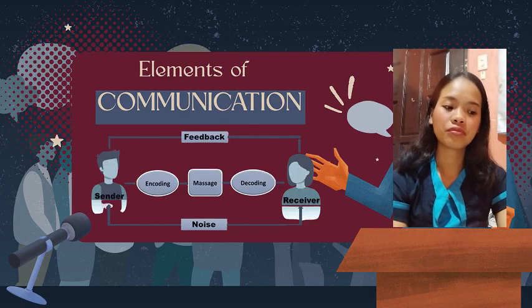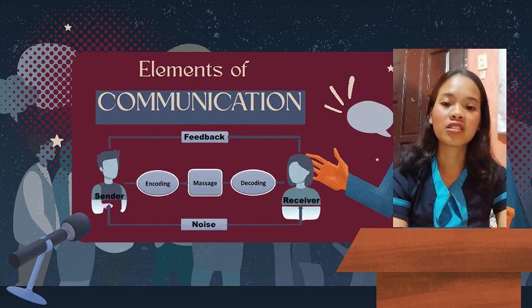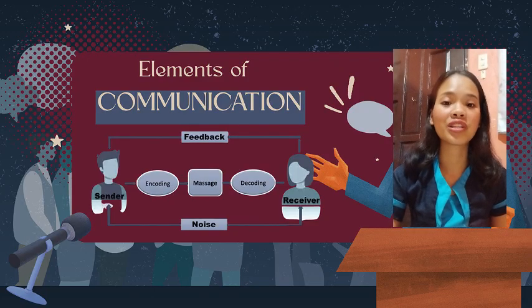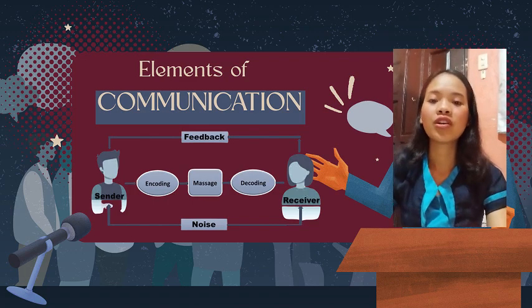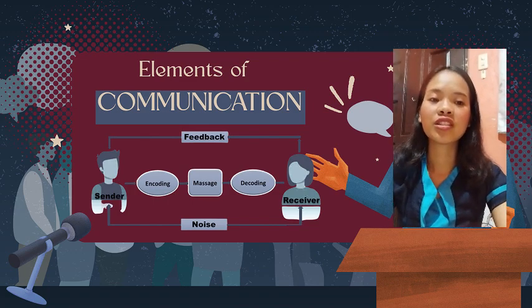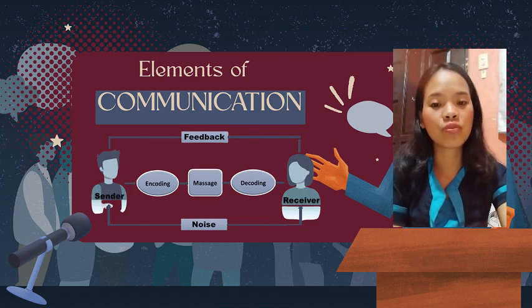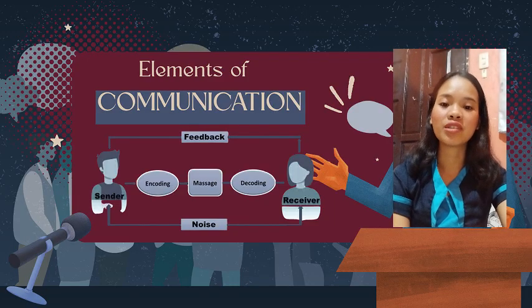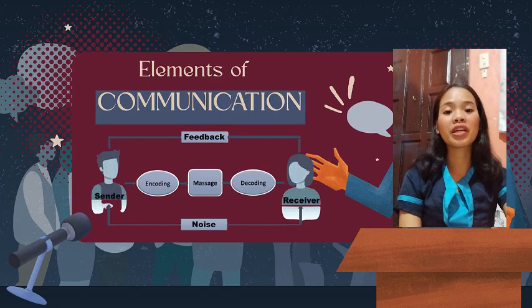But if the receiver does not give the correct reaction or feedback to the sender, this means that there is something wrong with the communication, or the receiver does not fully understand the message or information sent by the sender.